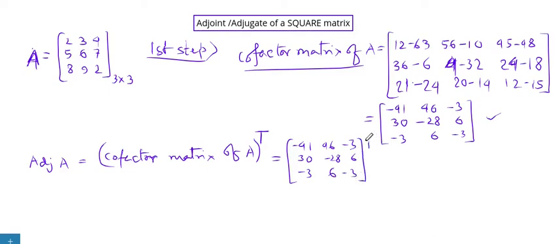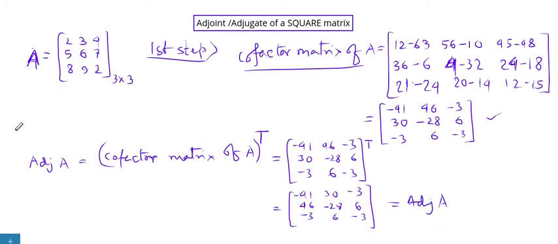The transpose of this matrix is minus 41, 30, minus 3, 46, minus 28, 6, minus 3, 6, minus 3. So this is the adjoint or adjugate of A.